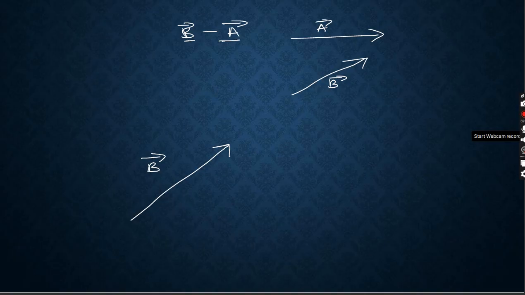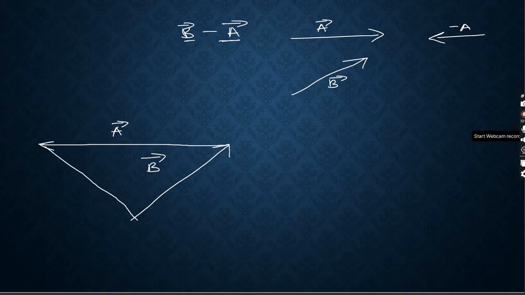Because of this negative, our negative A is going to move like this, in the opposite direction to the positive vector. You connect the two lines, and you have the resultant vector. This is our B minus A.